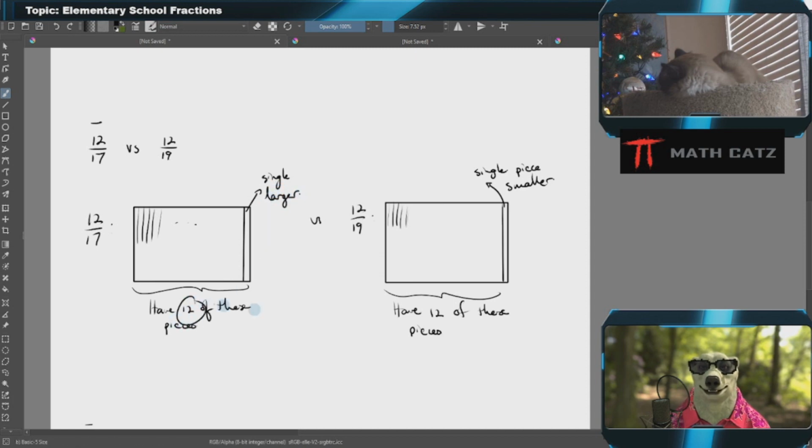And because I have 12 of each, I can conclude that 12 of the larger pieces will be more in terms of coverage of a rectangle than 12 of a smaller piece. And then I can conclude in here, let me erase this, that 12/17 is larger than 12/19, and I put the appropriate inequality to state the comparison.